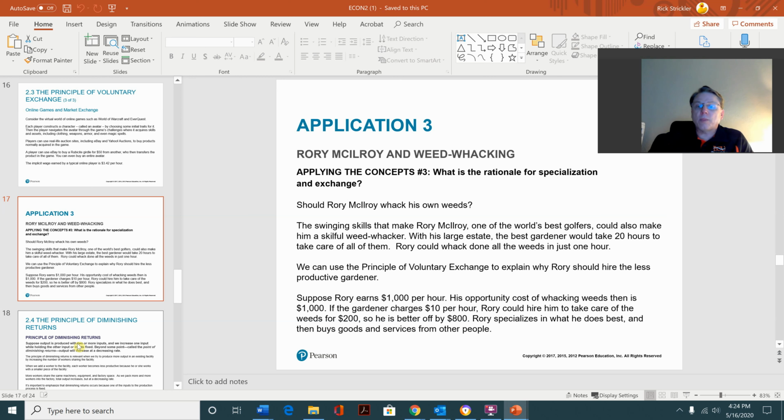Suppose Rory earns $1,000 an hour. His opportunity cost of whacking weeds then is $1,000. If the gardener charges $10 an hour, Rory could hire him to take care of the weeds for $200. So he is better off by $800. Rory specializes in what he does best, and then buys goods and services from other people.